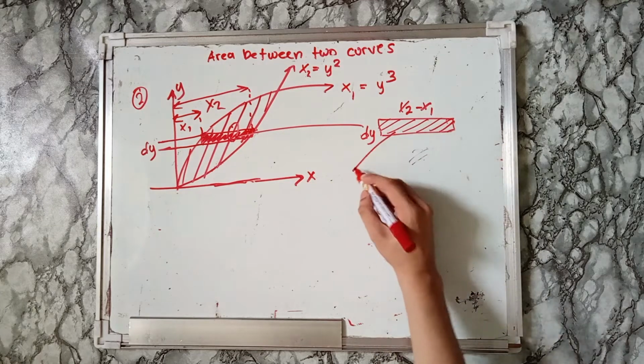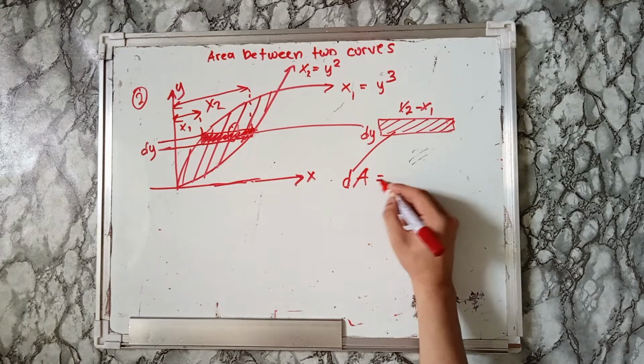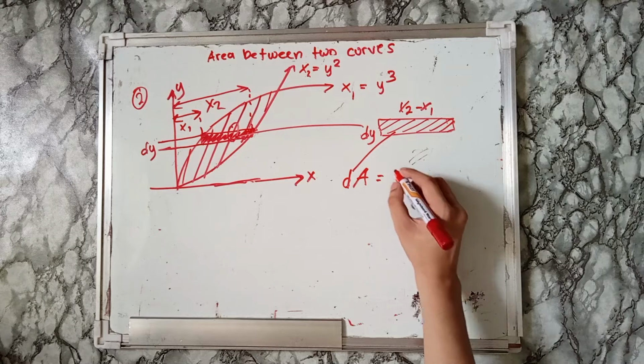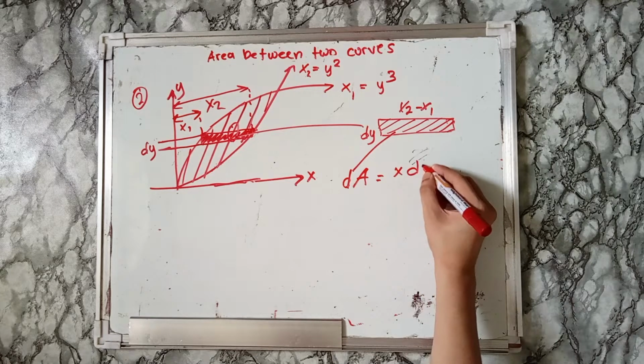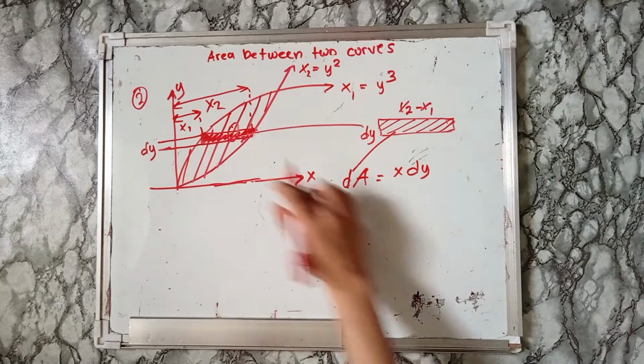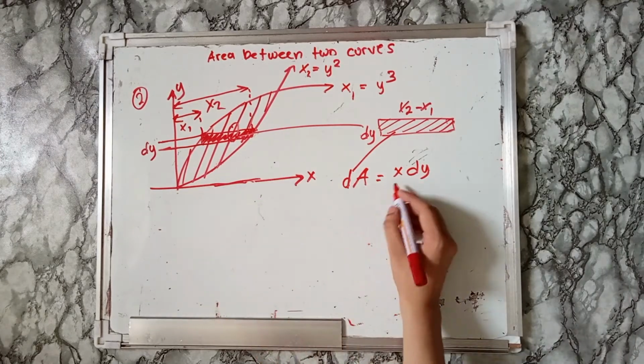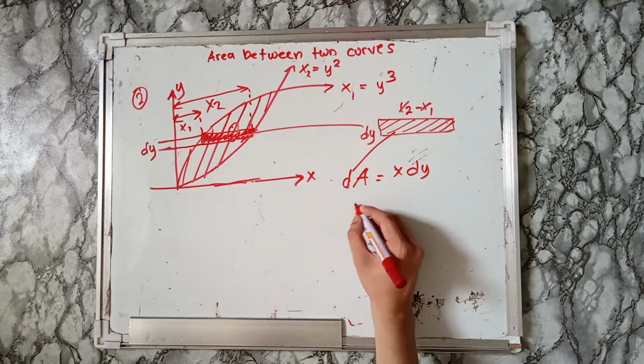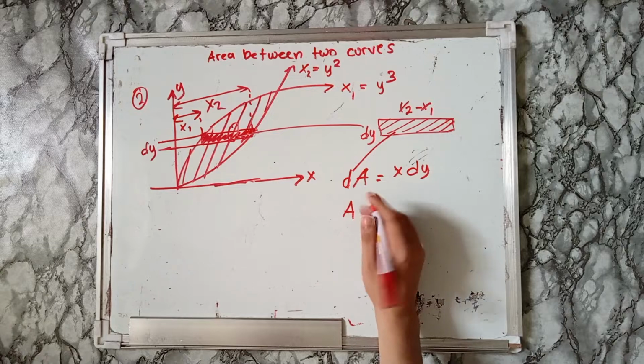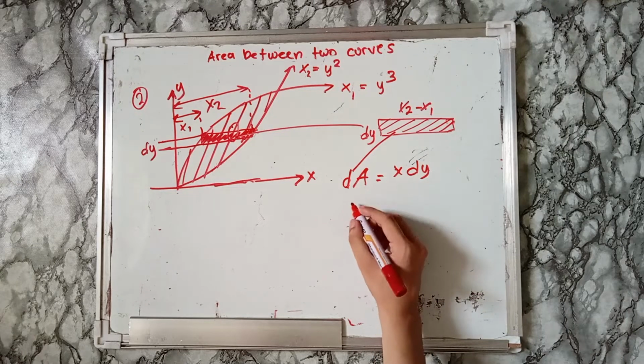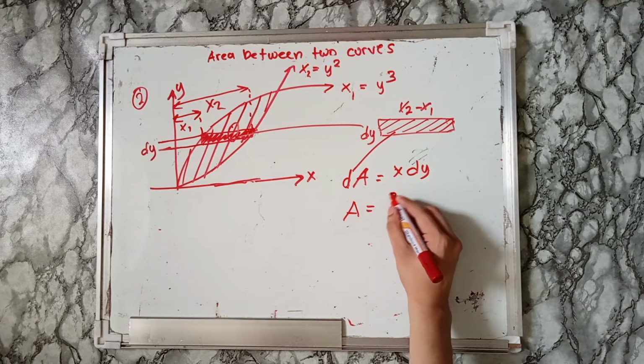Now if we find the differential area, this is just x dy. If we integrate both sides, the area is equal to the integral.